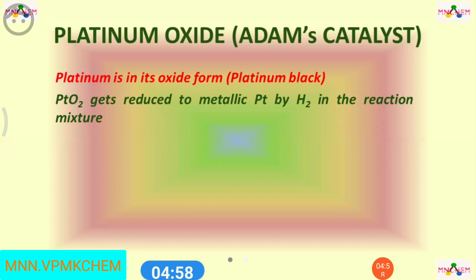So what happens is, in situ, the platinum oxide gets reduced to metallic platinum in the presence of hydrogen. The hydrogen gets added to the unsaturated compound in a syn manner. So we can say syn addition of hydrogen is observed.